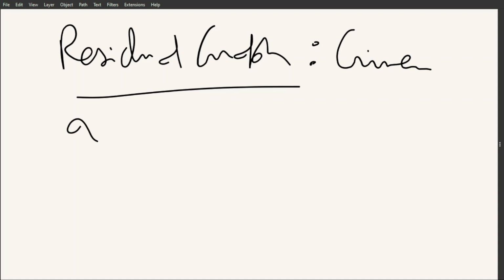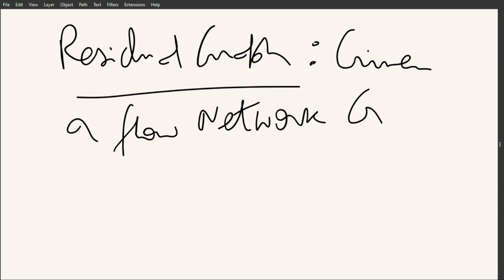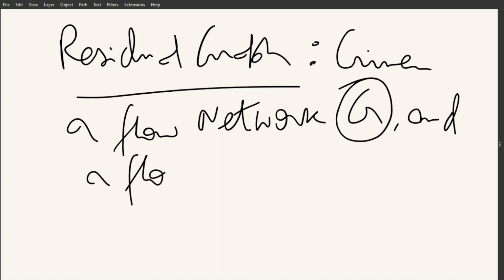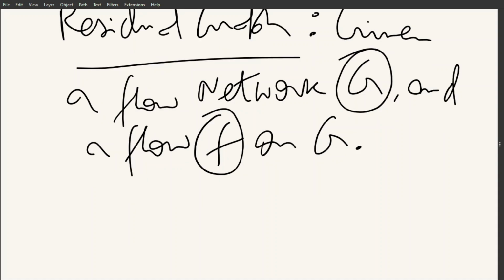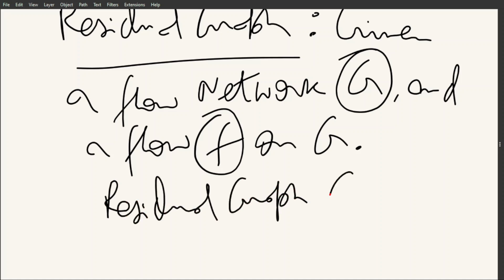First is the flow network G, which includes the capacities, and a flow F on G. This F satisfies the two conditions, the capacity condition and the conservation condition, so this is a valid flow on G. Given these two, we define a residual graph, call it GF.